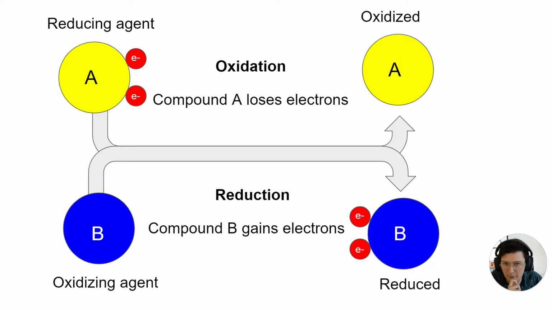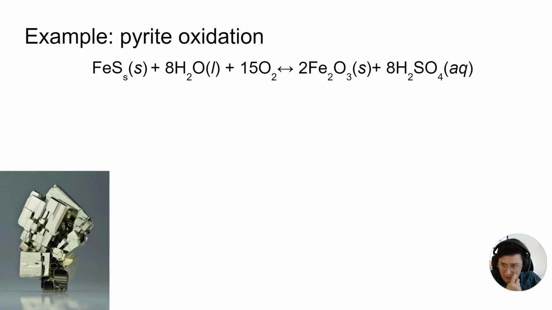So an example of that is pyrite oxidation. Pyrite is fool's gold on the bottom left there. It's FeS2, and in the presence of water and oxygen, so in surface waters, for example, because our atmosphere is like 20% oxygen, it will react to create a ferric oxide and then sulfuric acid.